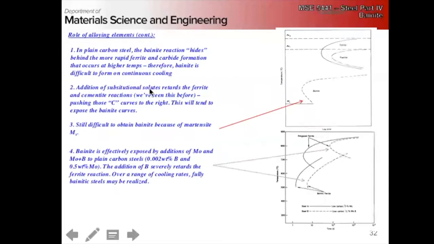Okay. So in plain carbon steels, our Bainite reaction sort of hides behind rapid ferrite formation, right?